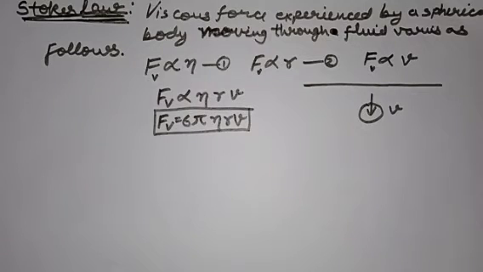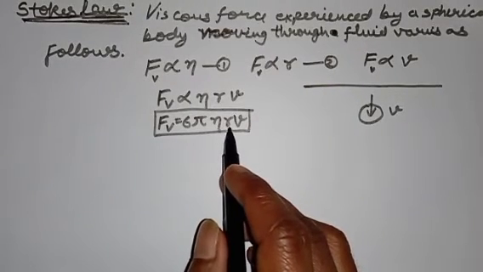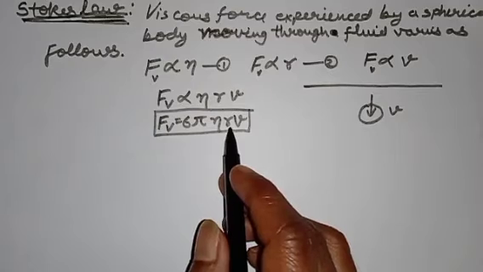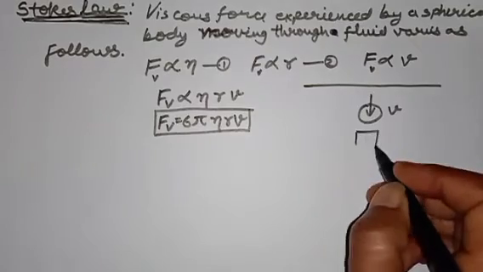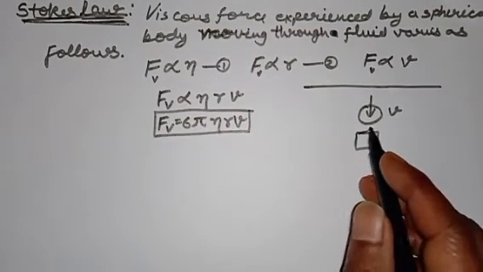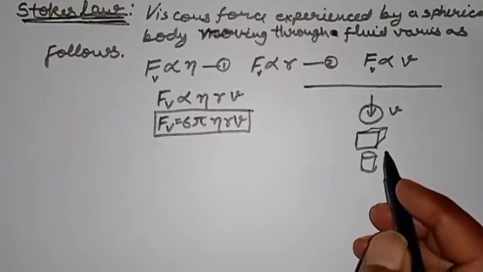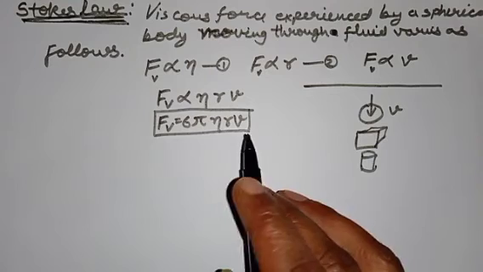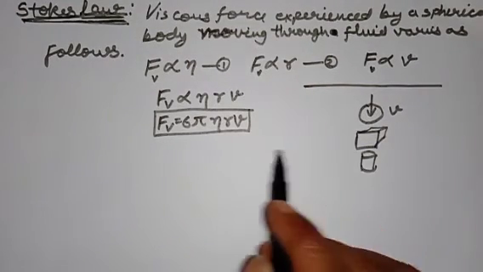But there is a difference. Frictional force is not area dependent, whereas viscous force depends upon area, as we have seen in the previous expression. Here it is depending upon the size of that object, that is radius. But what if there is not a spherical body but some other shape, maybe a cuboid, or cylinder, or any other object? Still, this law will not be accurately applicable, but up to a certain extent it will be applicable.